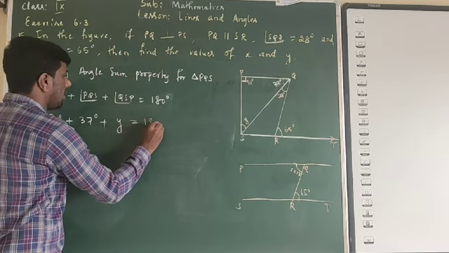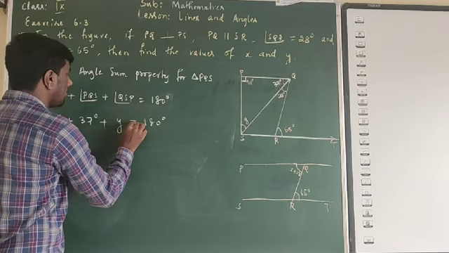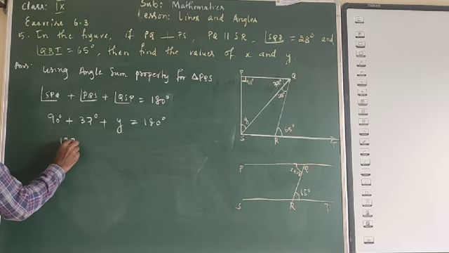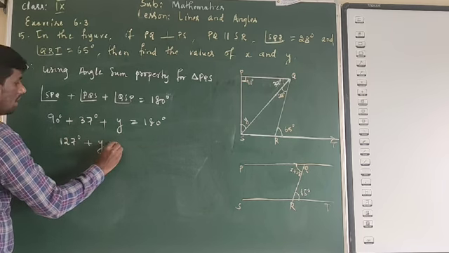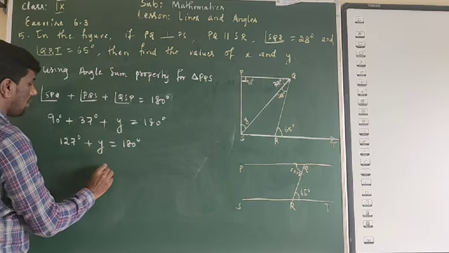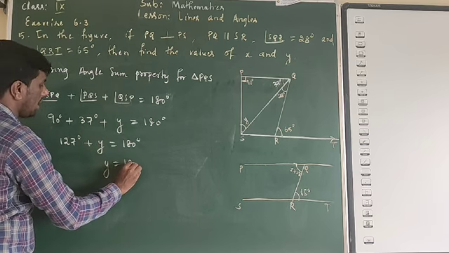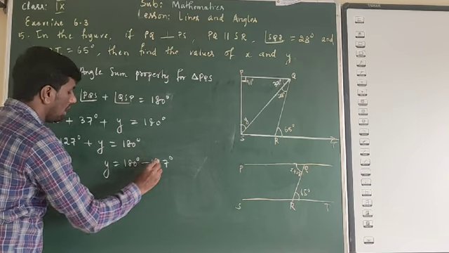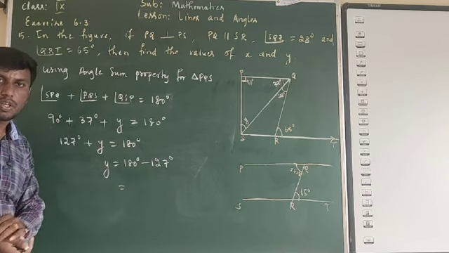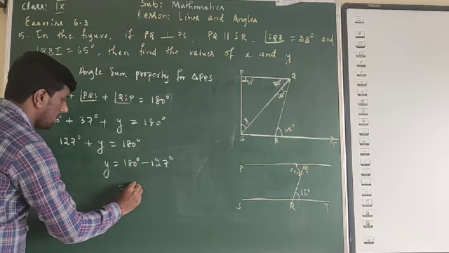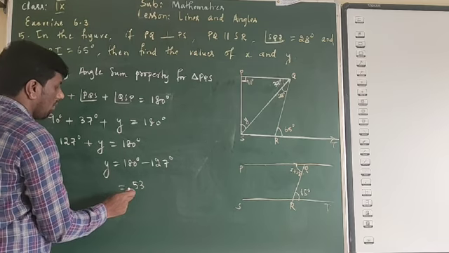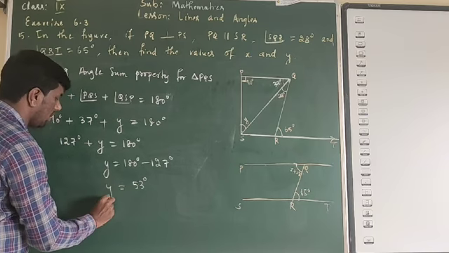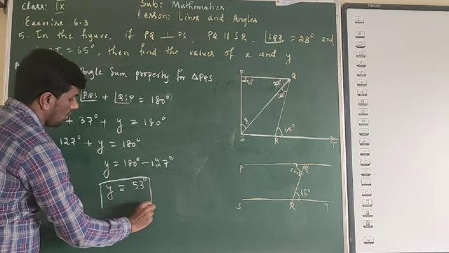So 90 plus 37 will become 127 degrees plus y is equal to 180 degrees. I'll keep y here only and send 127 to the other side. It will become 180 minus 127, which is 53, right? So y is equal to 53 degrees.